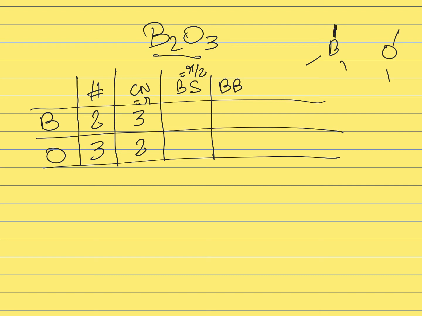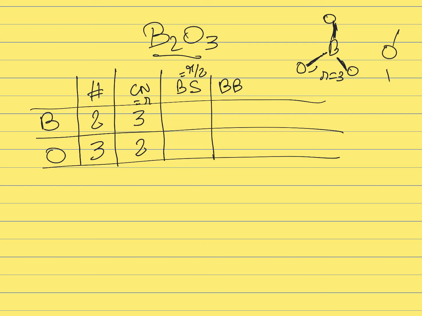Every time you have one boron atom, it has a coordination number of 3. It's going to create 3 bonds with its nearest neighbor oxygen, but those bonds are also shared with the oxygen. So to avoid counting those bonds 2 times, we divide this number of constraints by 2. So the coordination number divided by 2 gives you the number of bond stretching constraints.